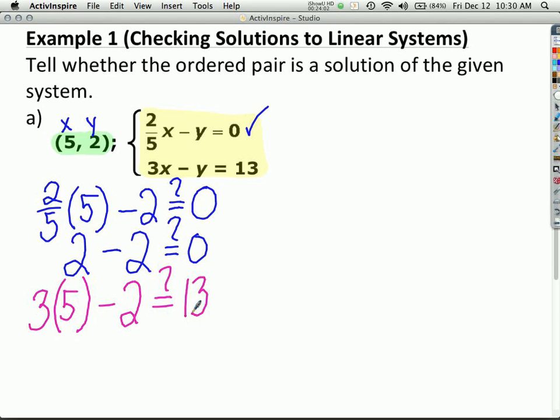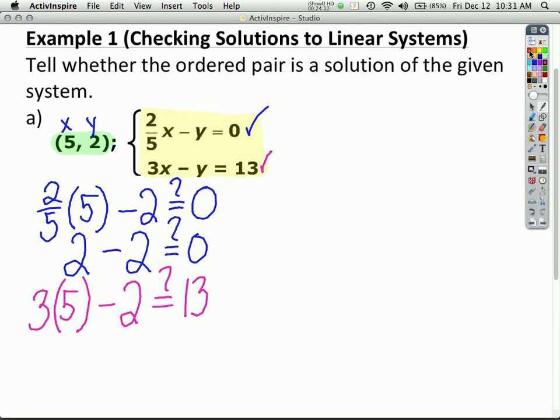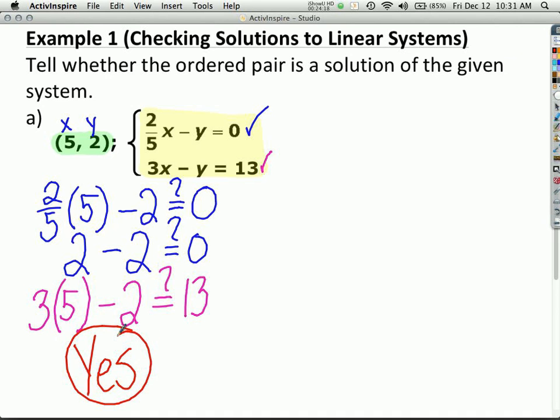Three times 5 is 15, minus 2 is 13. So it works in both of them. And so now we can say, yes, (5, 2) is the solution to the system.